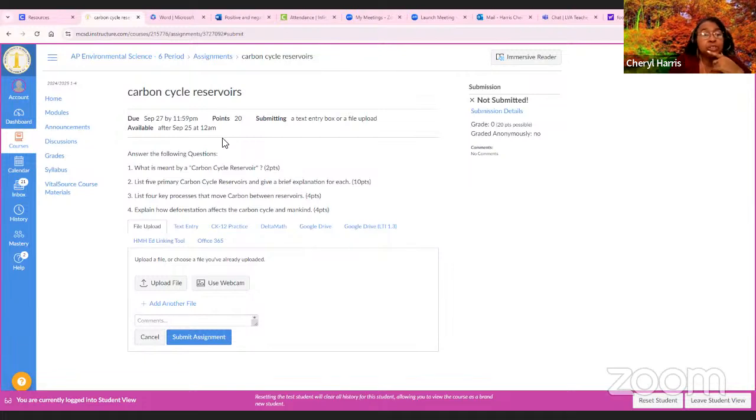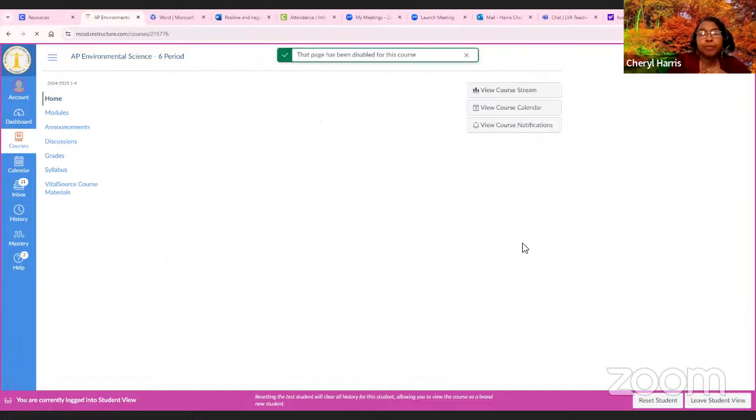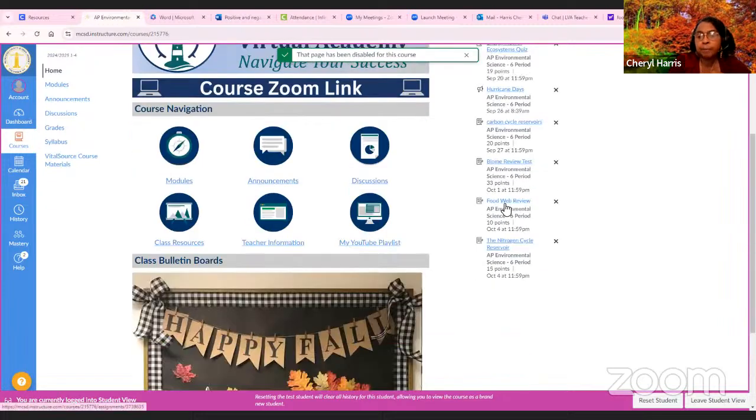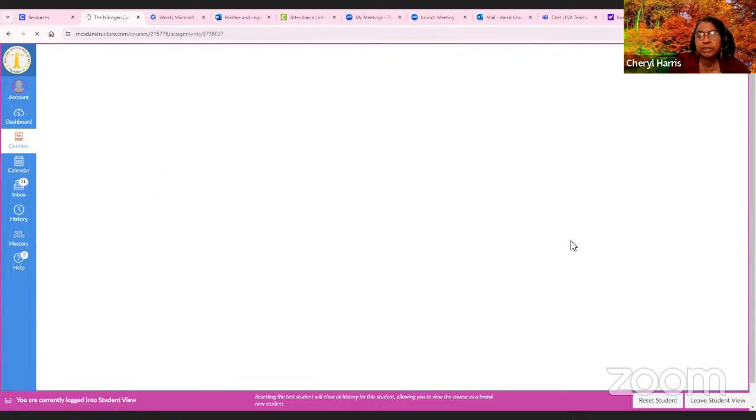Make sure that, for 20 points, you've answered this to the full extent so that you get your 20 points. That question was an essay question. The nitrogen cycle was also an essay question.